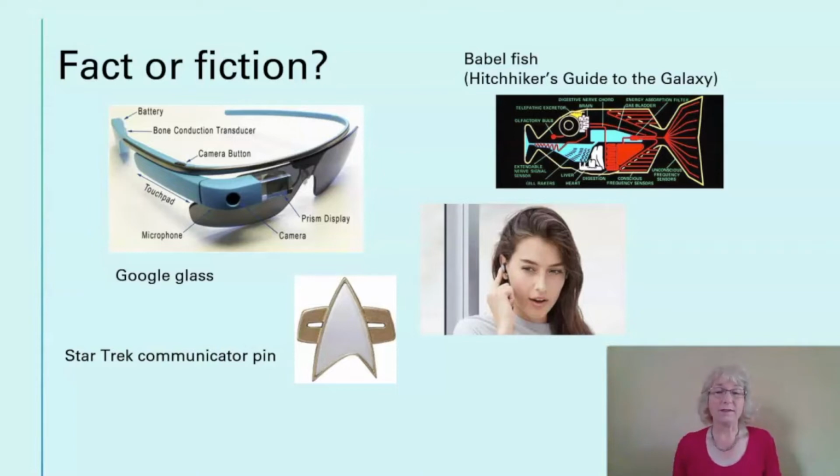Google Glass, created in 2014, allows the wearer to show what they're seeing to a third party and translate any text they're reading. Google Pixel Buds, available since 2017, enable the wearer to hold a conversation with someone despite not speaking their language.